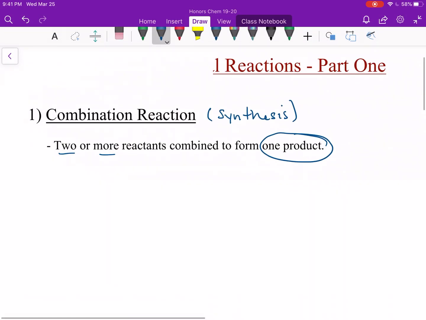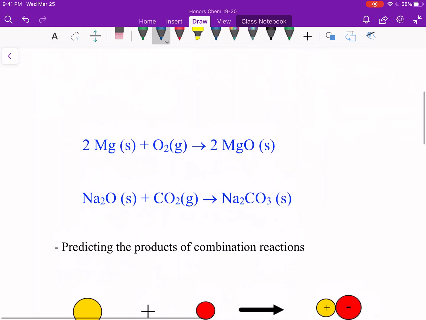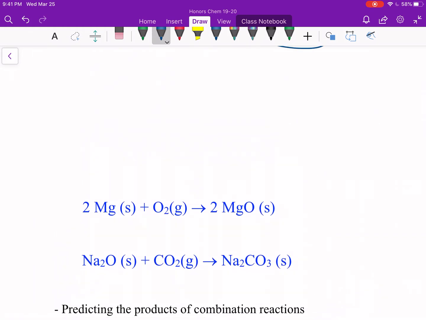If we look at that reaction, what we had is our magnesium metal reacting with oxygen gas, O2 diatomic, and we're forming magnesium oxide as a solid. Here we had two elements getting combined to form a particular compound.